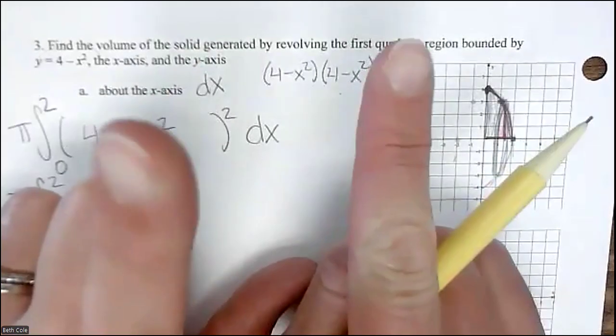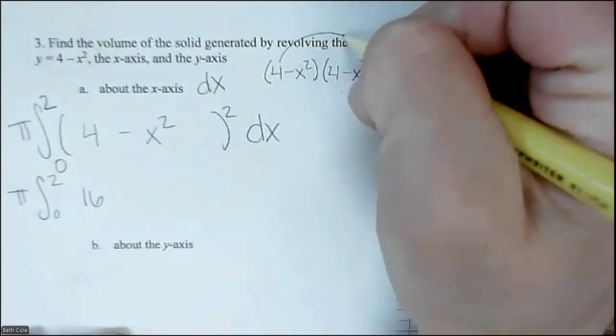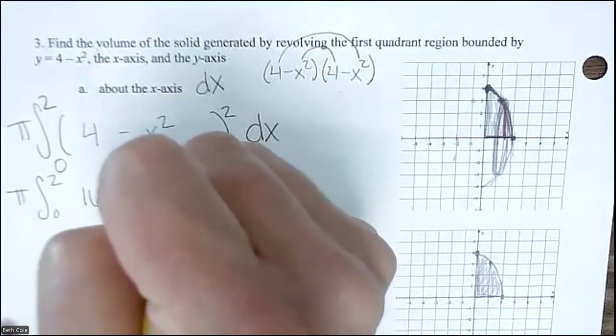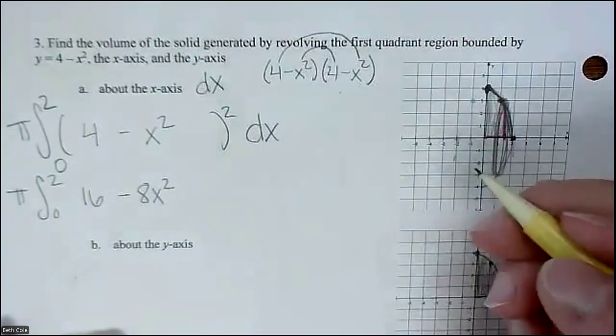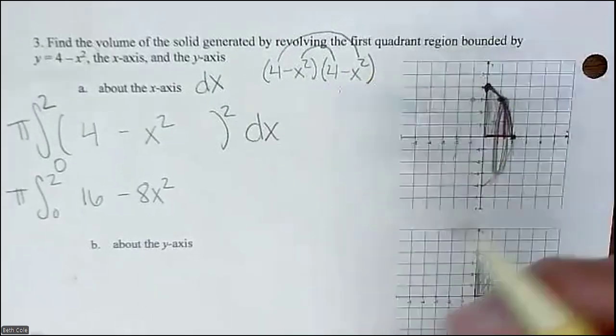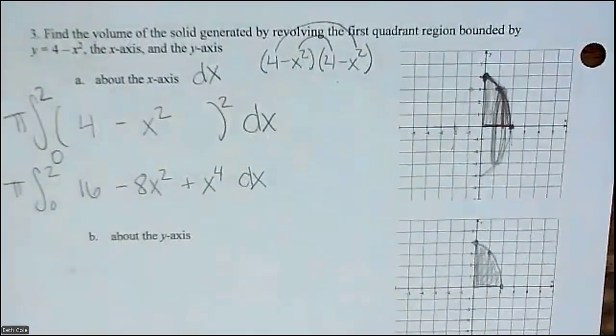If you multiply these together, 4 times 4, 16. You get minus 4x squared and minus 4x squared. So that's minus 8x squared. And then negative x squared times negative x squared will be positive x to the 4th.